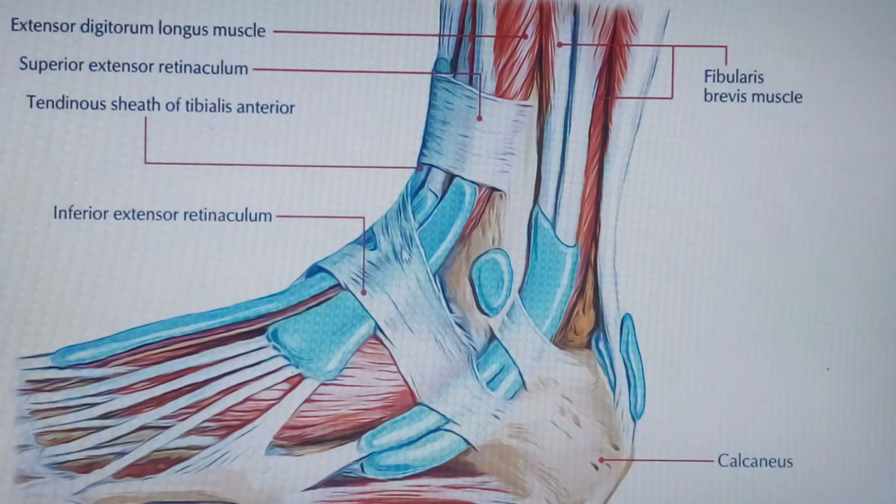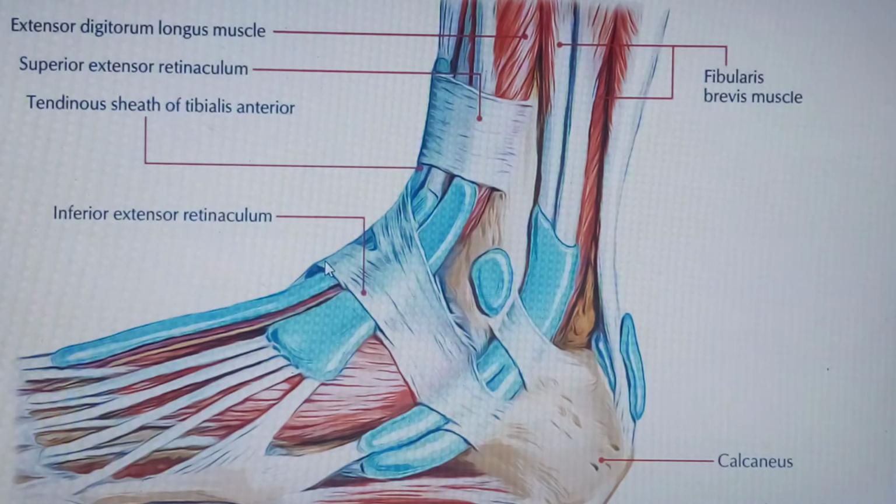Now you get to see that this one is Y-shaped, originating from the lateral aspect of the calcaneus, and then it will bifurcate, with its lower band blending with what we call the plantar aponeurosis or the plantar fascia.